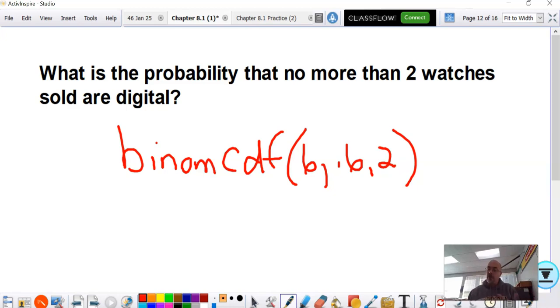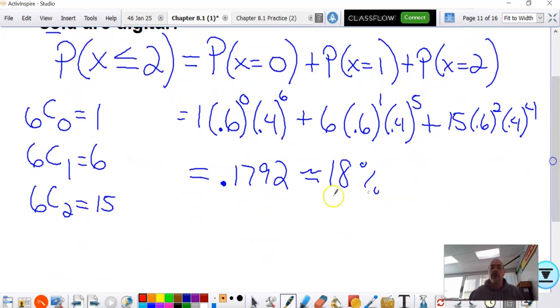So the CDF changes it and goes, okay, I'm going to figure out 2, 1, 0 and add it all together. Now, when we did this in the first video, we ended up with a little over 0.17, or just under 18%.